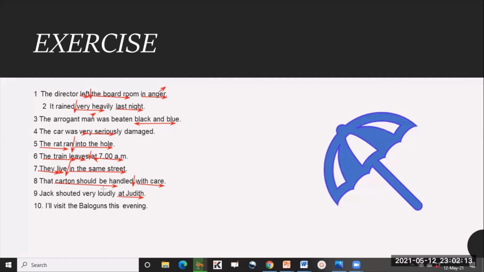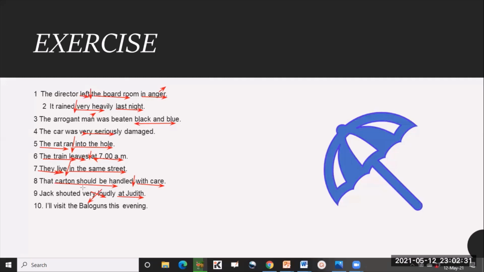Obviously, we can even remove this for us to see how directly this is complementing the verb or giving extra information about the verb "shouted."